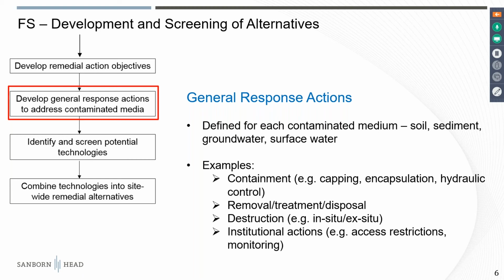And typical broad classes of general response actions are things like containment, which might include capping or encapsulation or hydraulic control, removal, treatment, disposal. Again, these are kind of broad categories. The technologies under each one of these categories come as part of the next step in the process. And then lastly, there's institutional actions. These are also classified as general response actions. These could be access restrictions or monitoring types of programs.